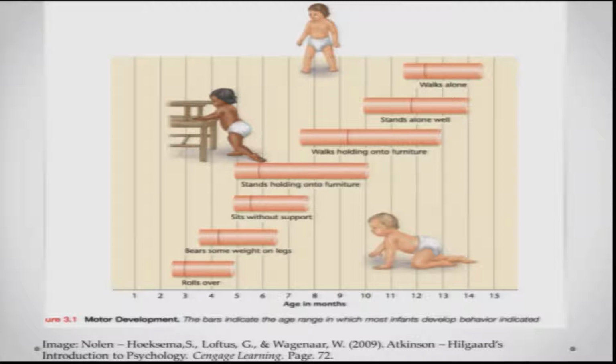Months later, the child can bear some weight on legs. If you hold the child, it can start putting the legs in a particular fashion. Moving on, at 5 to 8 months, the child can start sitting without support. From 5 to 9 or 10 months, the child can stand up holding on to furniture, and so on and so forth.